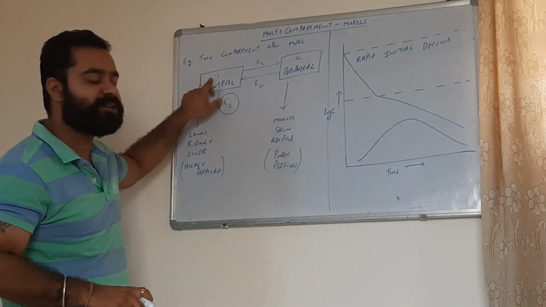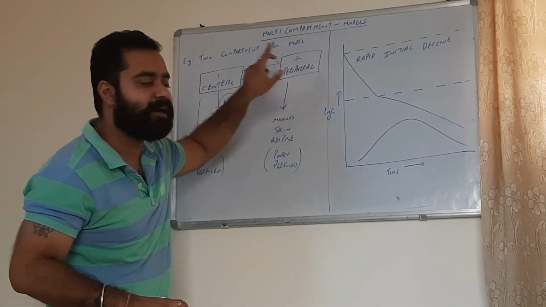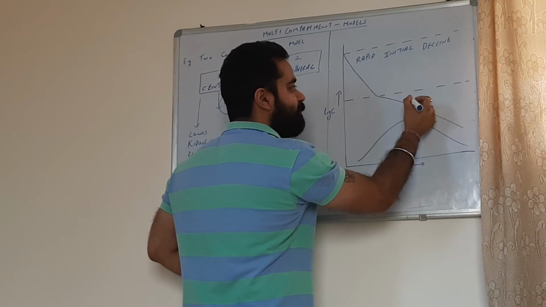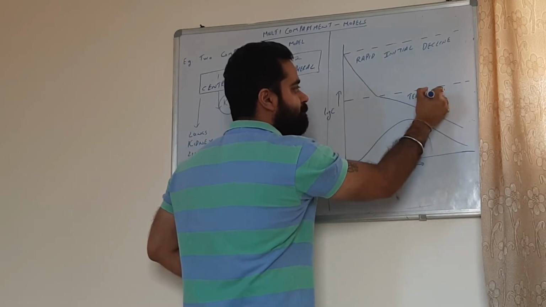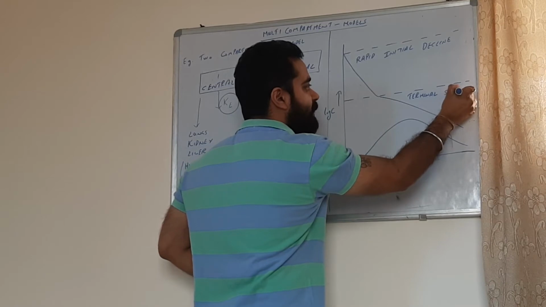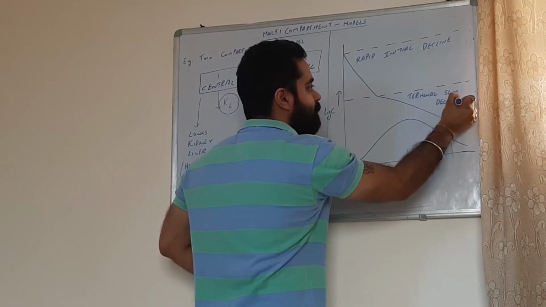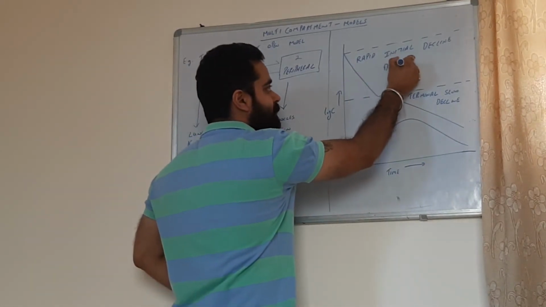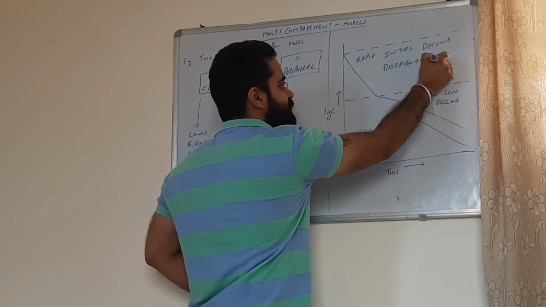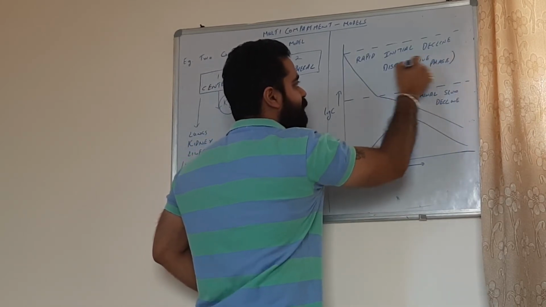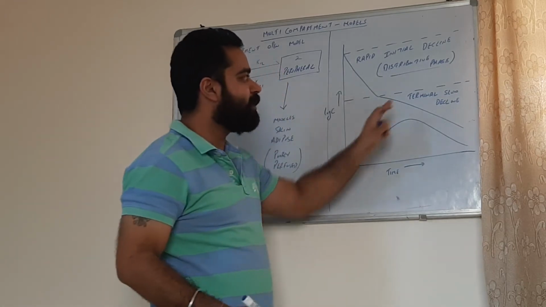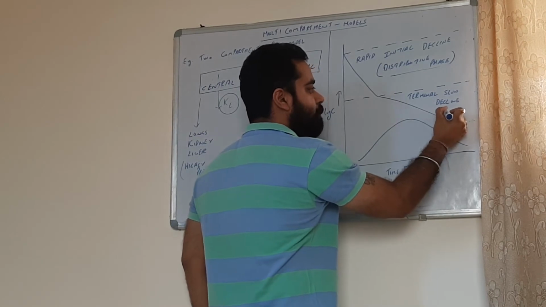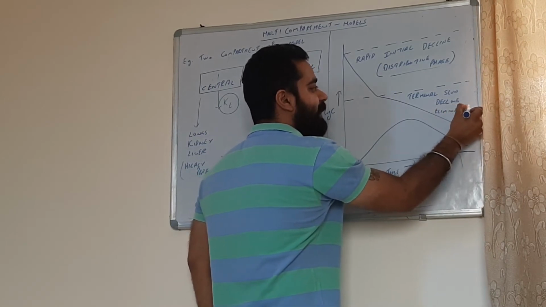Because the drug moves rapidly from the central compartment to the peripheral compartment. The second part of the graph shows the terminal slow decline. The first part, the rapid initial decline, is the distributive phase, representing distribution, while the terminal slow decline is the elimination phase.